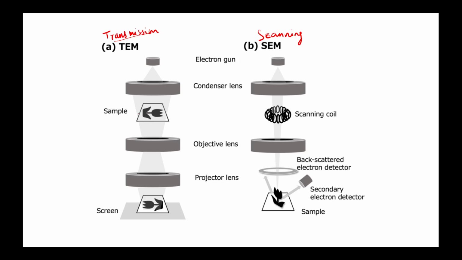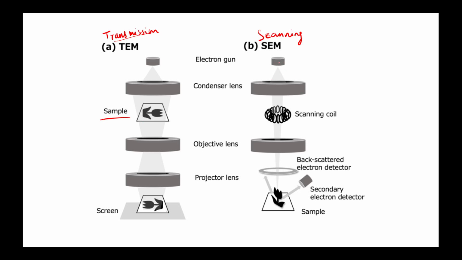So this is the sample here. The electrons are transmitted through the sample, and then there is a screen or a detector that detects and forms an image of the sample. Since it is passing through the sample, you can see the intercellular structure.